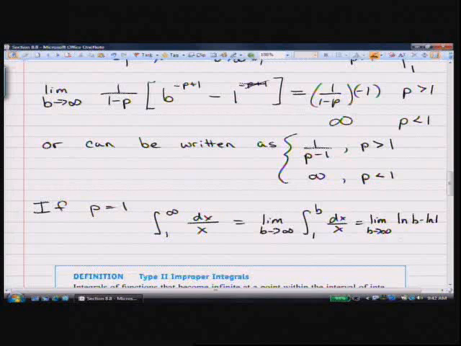Well, what is that limit? It's infinity, right? Which means that this integral diverges.